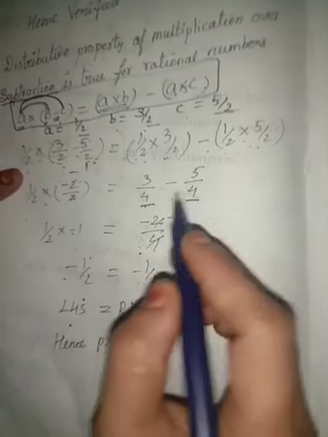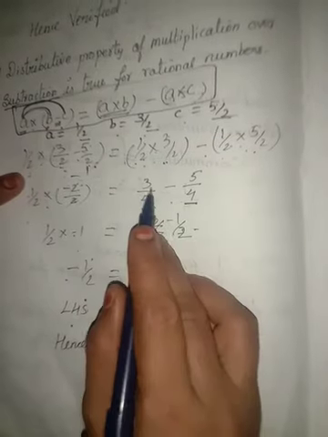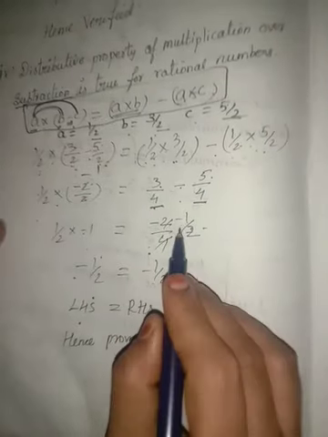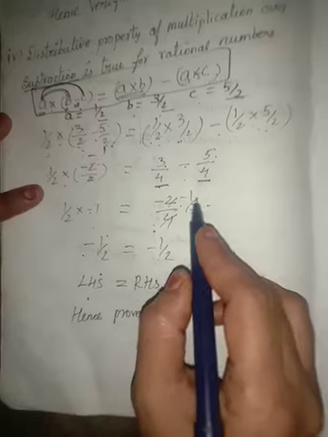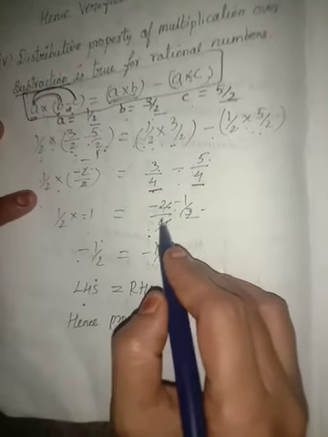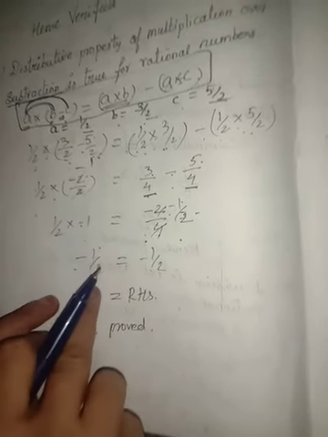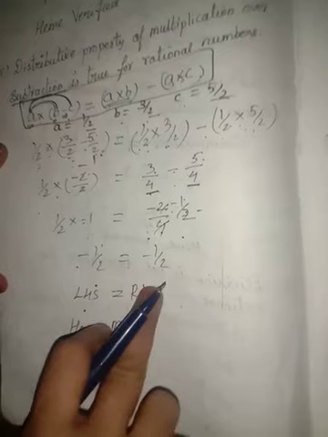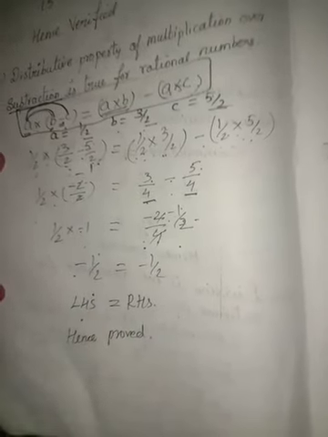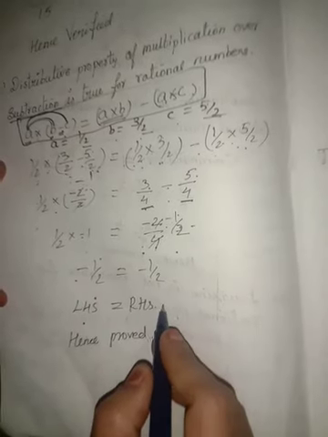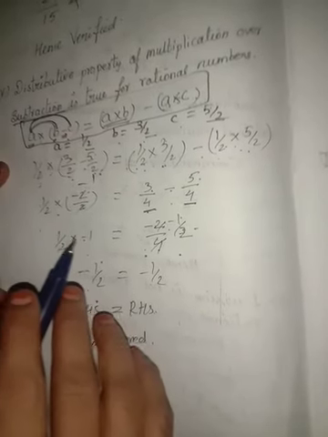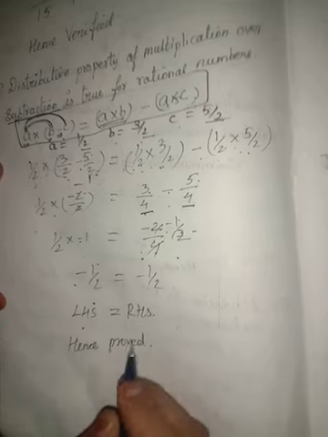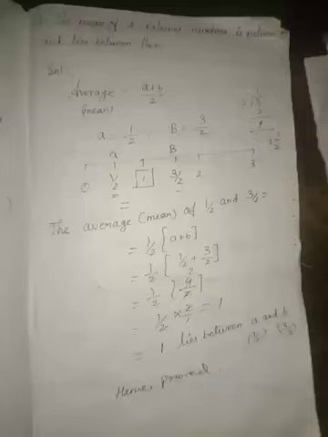The denominators are the same, so subtracting 3 minus 5, we get minus 2 by 4. Simplifying again, we get minus 1 by 2. This is on the right hand side. Look here, the left hand side answer is minus 1 by 2 and the right hand side answer is also minus 1 by 2. From this we can say that left hand side equals right hand side. So the distributive property of multiplication over subtraction is verified.